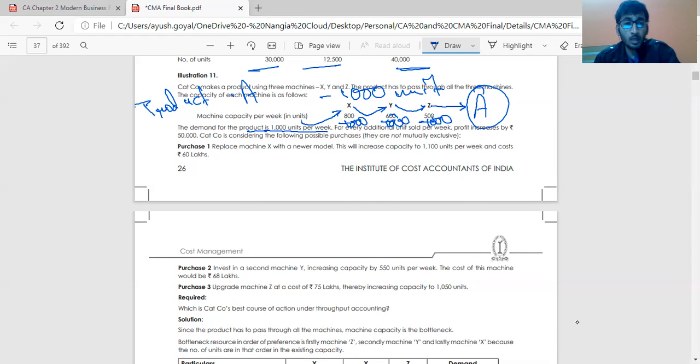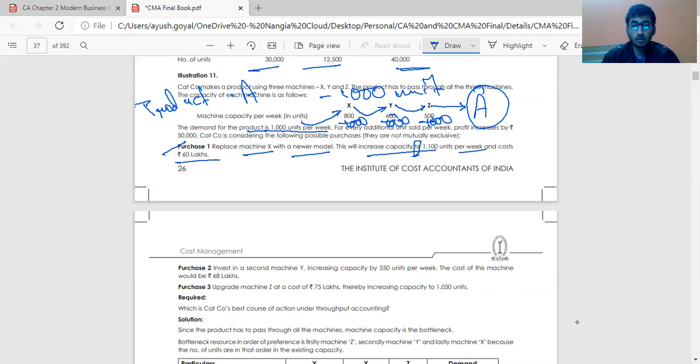Now we are given certain options. Replace machine X with the newer model. This will increase capacity to, mind the word "to", in exam you have to be extra cautious toward "to" and "by". So this will increase the capacity to 1100 units per week at a cost of 60 lakh.